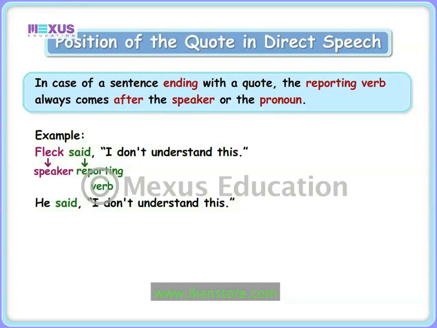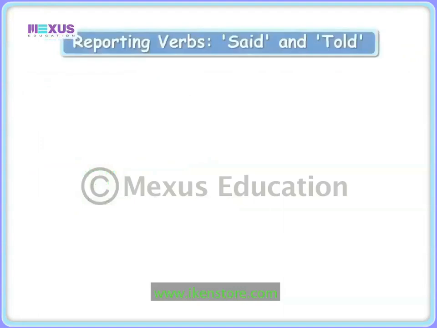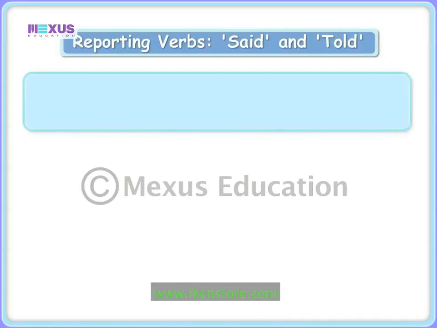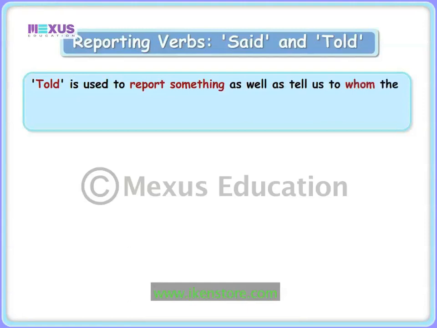As we have seen, reporting verbs play a very important role in reported speech. Two of the most commonly used reporting verbs are said and told. Told is used to report something as well as tell us to whom the speaker is speaking.